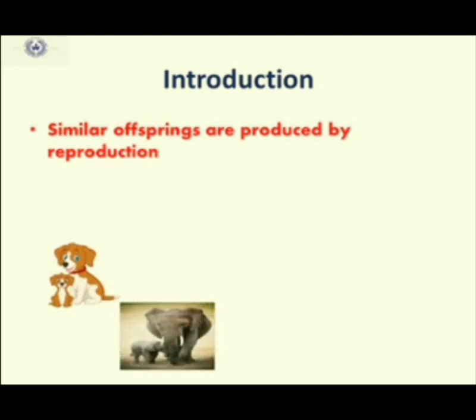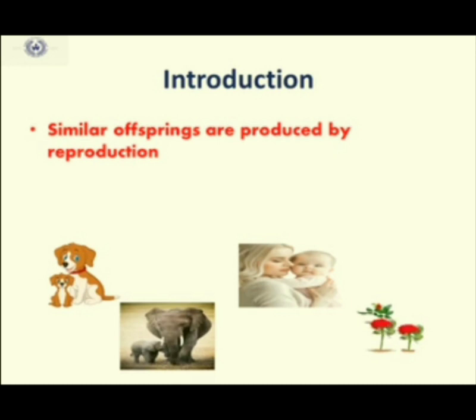The cats will produce kittens and human beings also will produce human babies. What about plants? A rose plant will produce only the baby rose plant. And if it is a money plant, it is going to produce only the money plant. So in all the cases, similar organisms are getting produced by the process of reproduction.